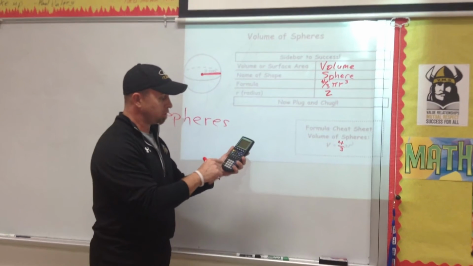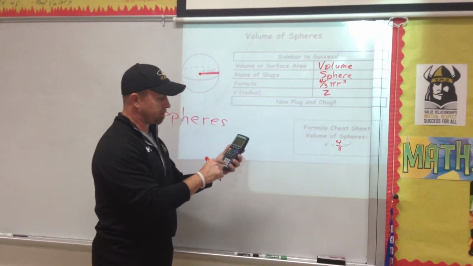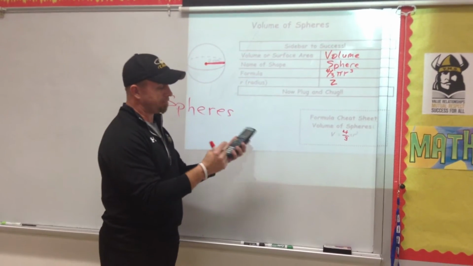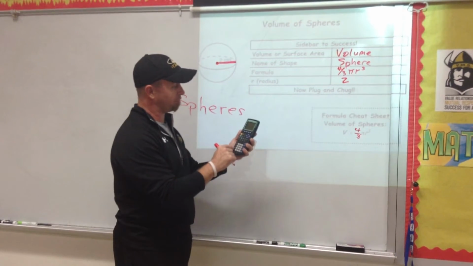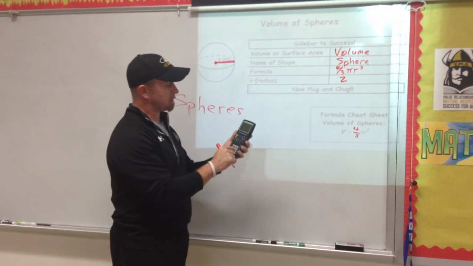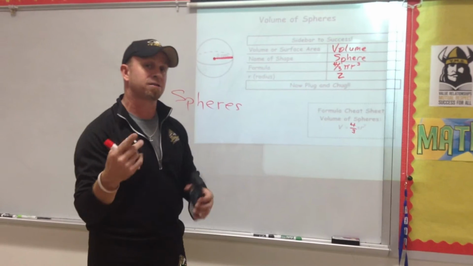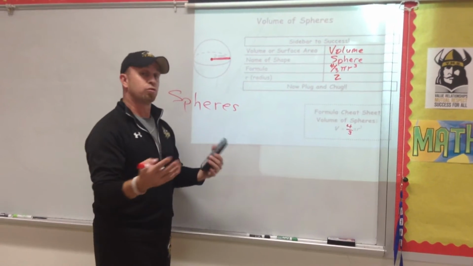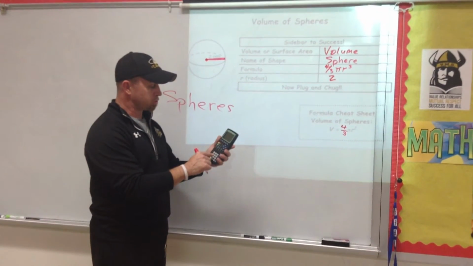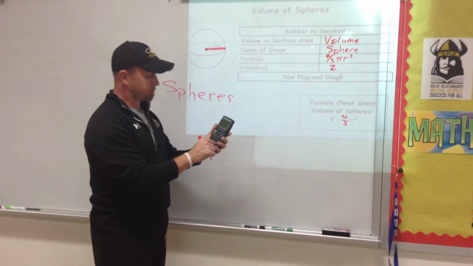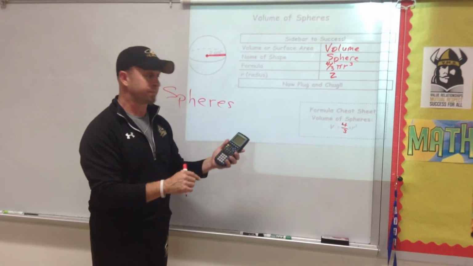So what you would do is 4 divided by 3 times, and if you type in 3.14 for pi, then times the radius to the third power. Now that's going to be the tricky part. You can just do 2 times 2 times 2, just do it 3 times.